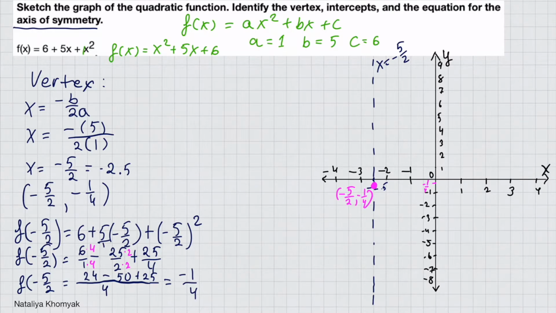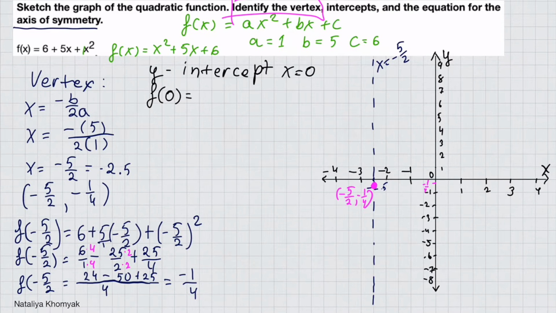We have just answered two parts. We have the axis of symmetry. We have identified the vertex. Now we need to calculate intercepts. The y-intercept will be at x equals 0. So we need to calculate f of 0, which is 6 plus 5 times 0 plus 0 to the second.